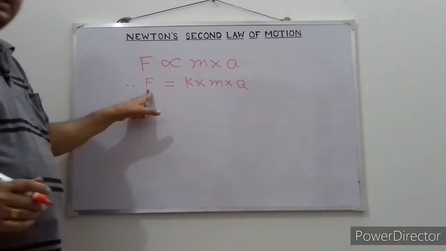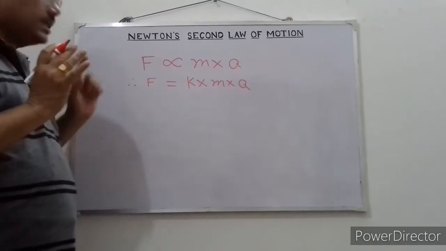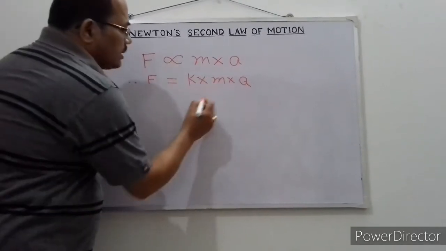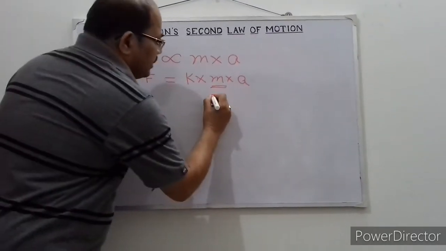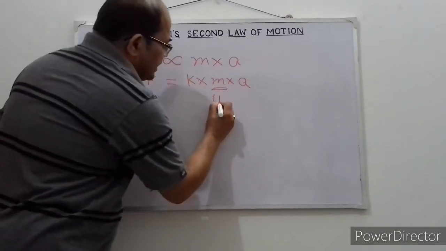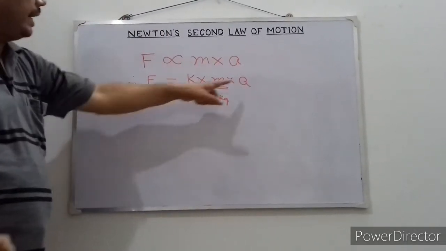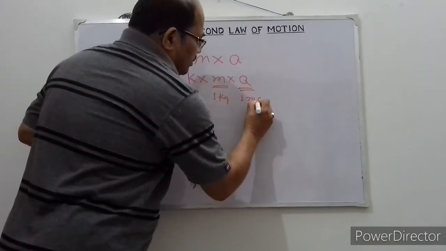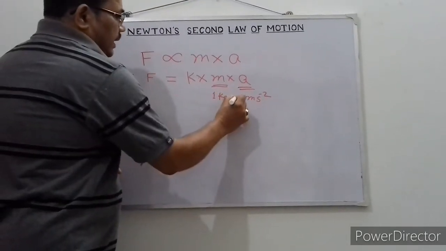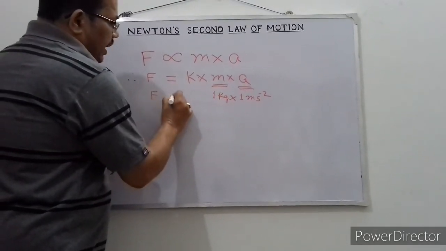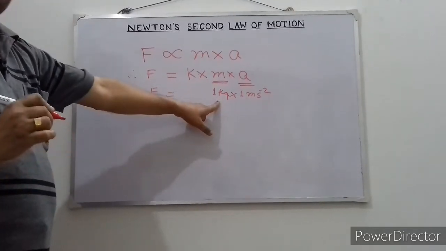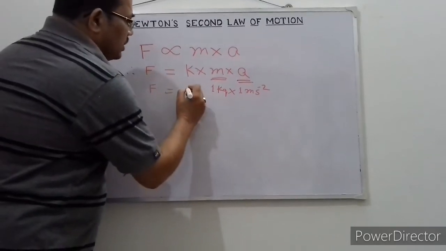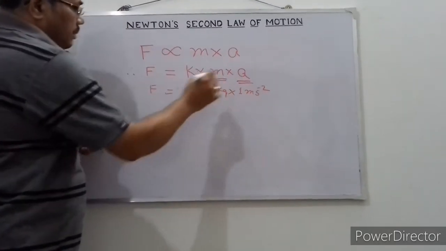Now, we can have the measurement of force by this equation. How? If the mass of the object is 1 unit, suppose in SI it is 1 kg, and a is also 1 unit, in SI it is 1 meter per second square, then F is defined as the unit of force, that is F equals 1 kg into 1 meter per second square.